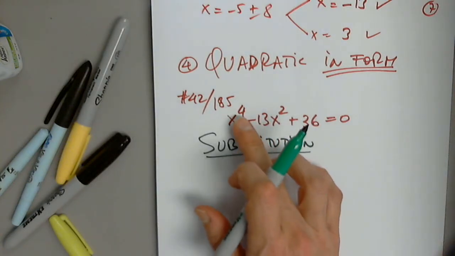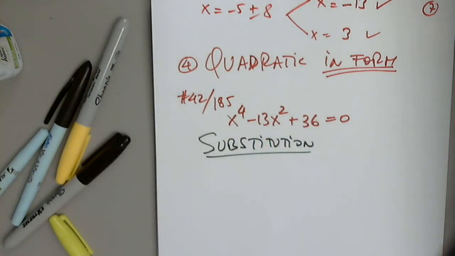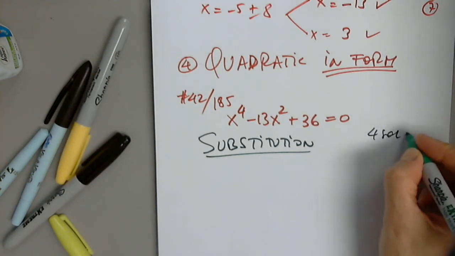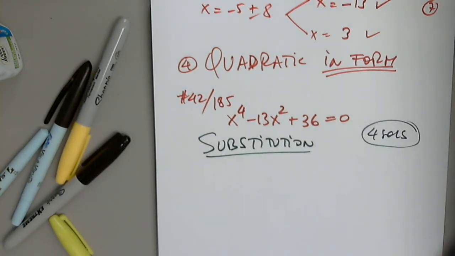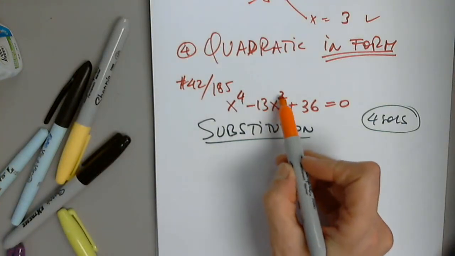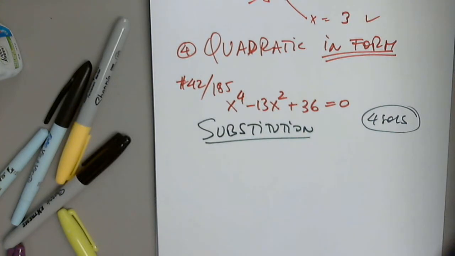What is the degree? 4. How many solutions? 4. I make myself a note, because I may forget to put plus or minus, so I have to write it down. Now, next step: tell me which of these two powers is smaller. I know it's a silly question. 2.